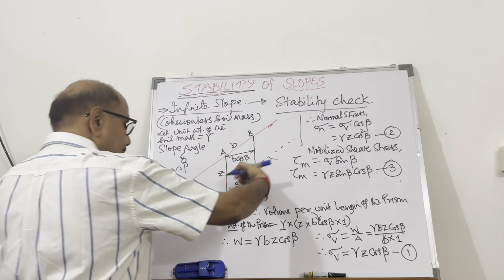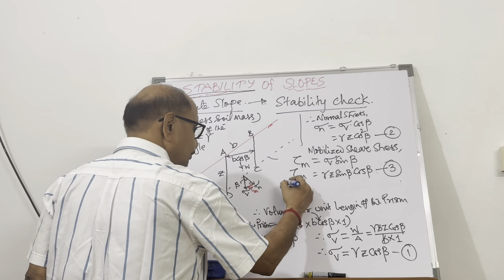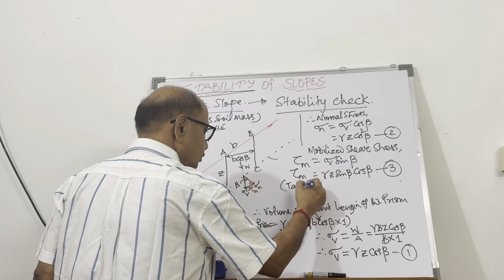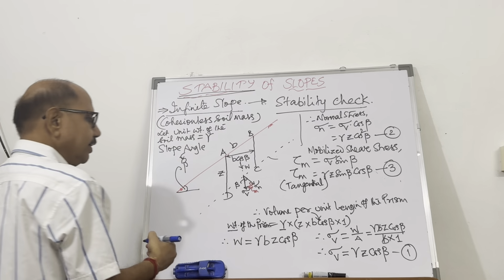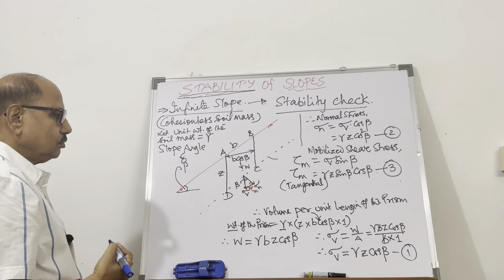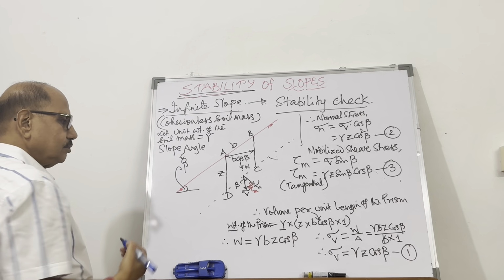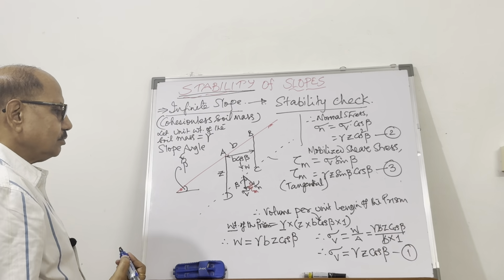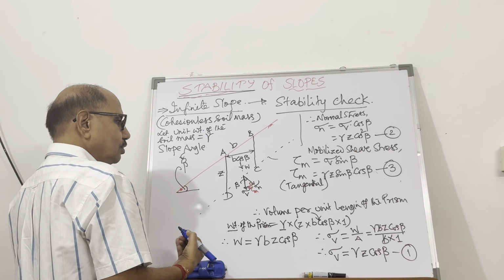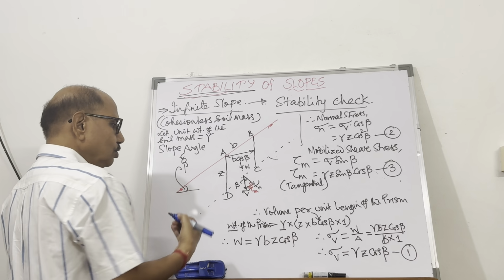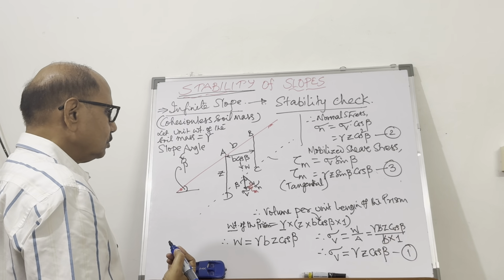This is tangential, and parallel to the failure plane, it will try to pull it down. It's acting in the downward direction, tau m. So this will try to pull it down.